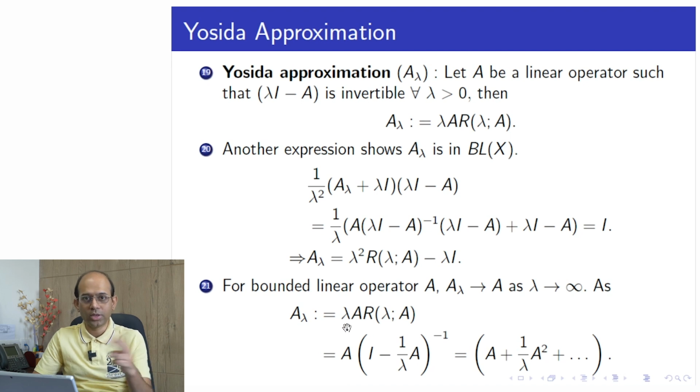Because when you put lambda inside, you get 1 over lambda multiplied inside. So lambda divided by lambda is just 1, and here you get 1 over lambda A. This I minus 1 over lambda A inverse, I can write down as a series expansion.